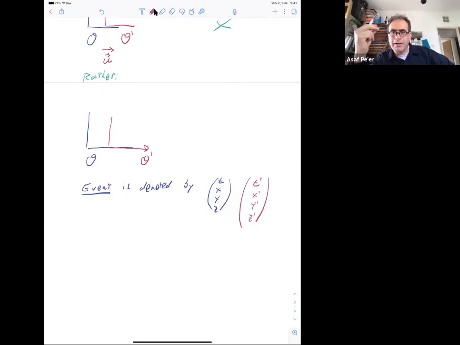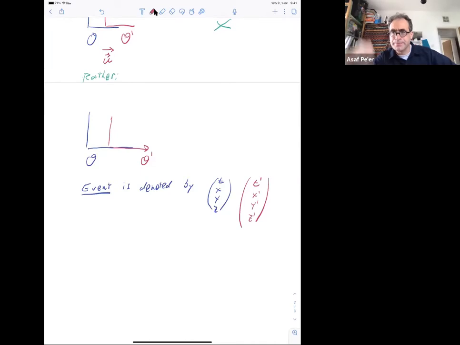A particle decayed into two particles, that's an event, okay? Every observer can look at the system and state the time and place that each event took place. An event occurred at time t and at location r, vector r, which is x, y, and z.